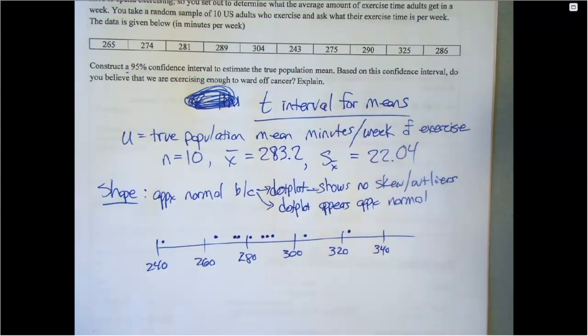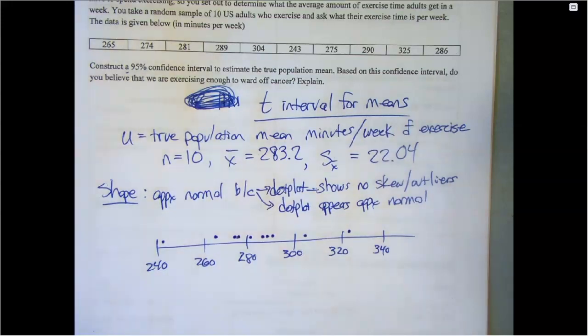The only way it would happen would be on a multiple choice. Are the conditions met? Yes or no, and why? I could give you 10 data points and ask, is the sample going to be approximately normal?